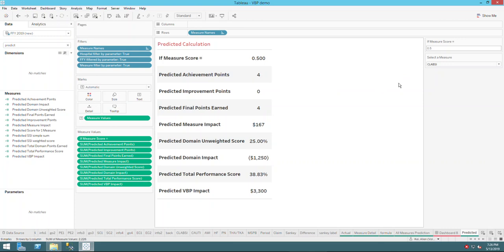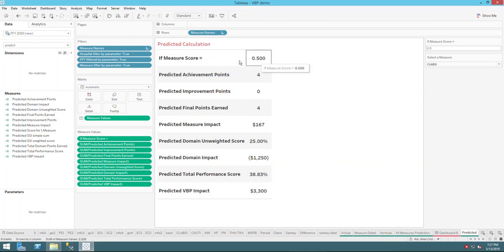So my backend data is one row per measure, with different actual performance, threshold, baseline, and benchmark on each row. It's a long format for my backend data.